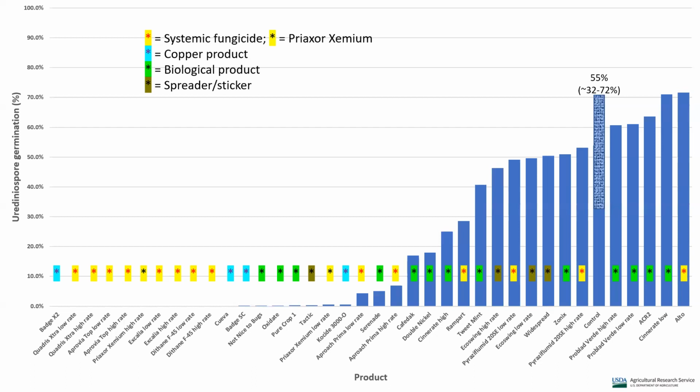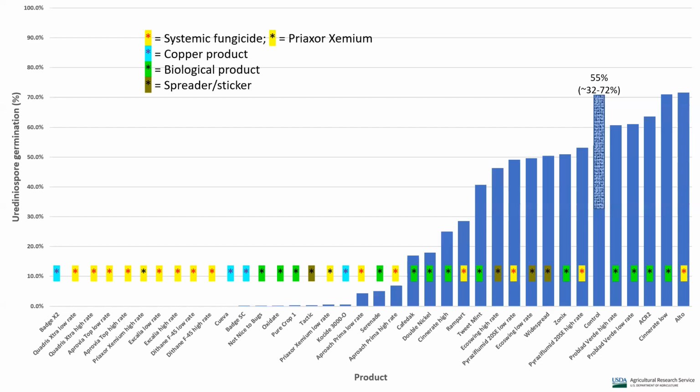Anything with green is a biological product, and that might be a bacterial product. It could be an essential oil. It could be other products that we're notified about to see if they have some capacity to kill spores. And then the brown is just the spreader sticker. We wanted to see for our field trials, does that do something to spores just by themselves?